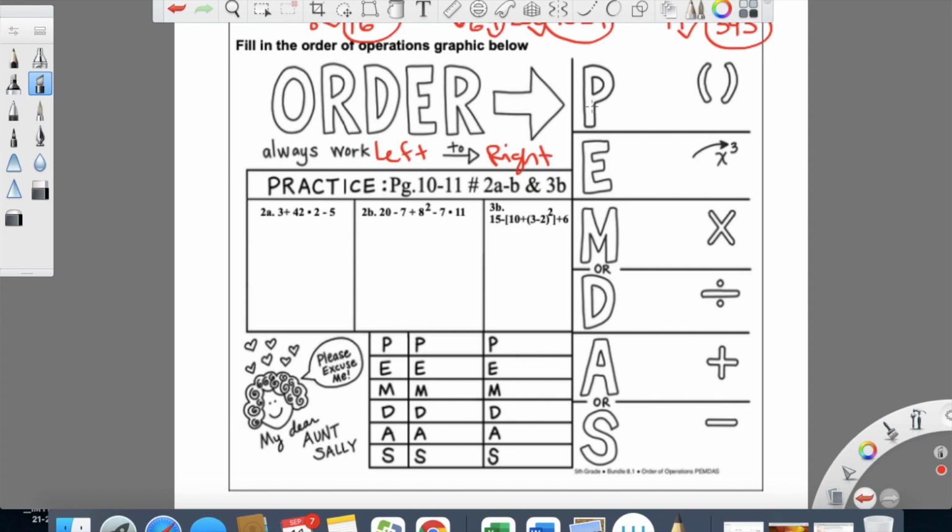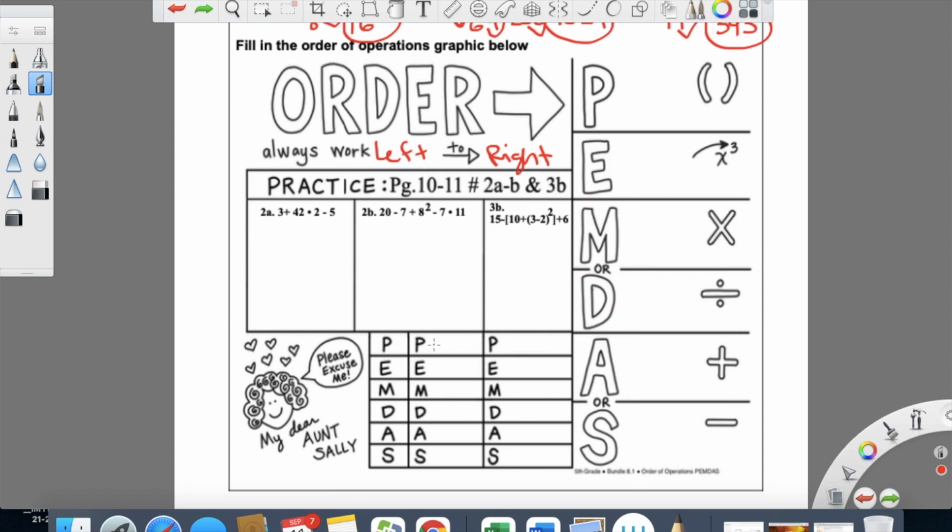So this just shows you kind of very quickly what these mean. So P for parentheses, E for exponent, M for multiply, D for divide, A for addition, and S for subtract. And if you notice, there is an or there. So it's multiply or divide, add or subtract in that order. So these two steps are done together. And so are these two steps. They're not separate steps on multiply or divide or add or subtract.